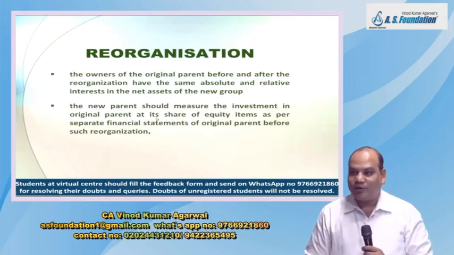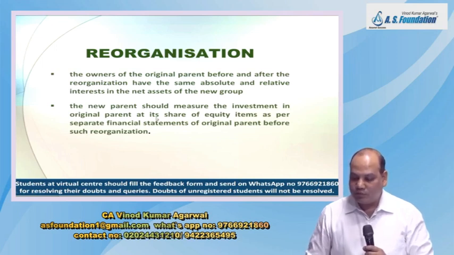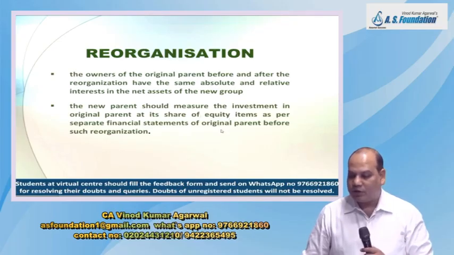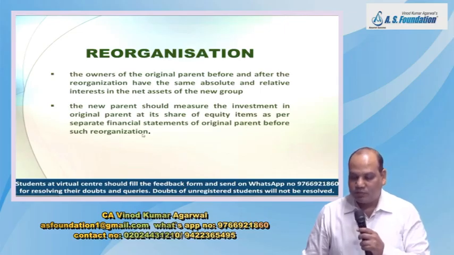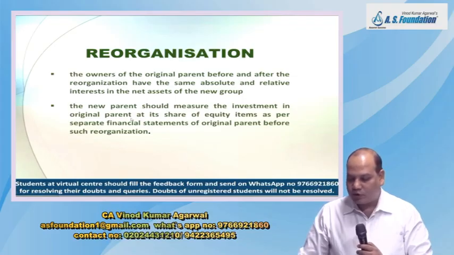How do you compute the cost? So the cost will be based on the equity as per the separate financial statement of original parent before the reorganization. New parent will measure the investment in original parent at its share of equity items as per separate financial statement of the original parent before such reorganization.